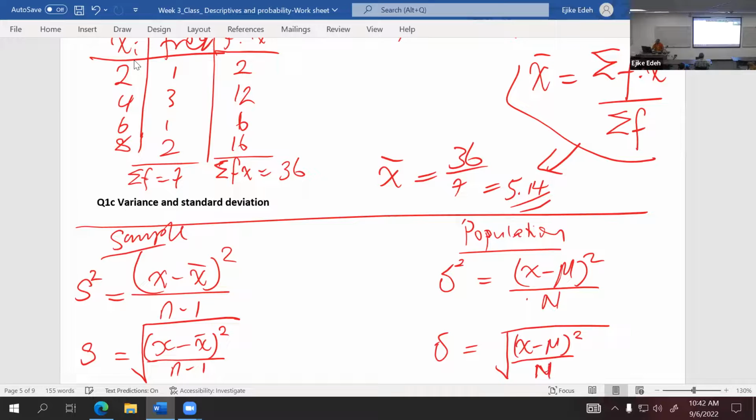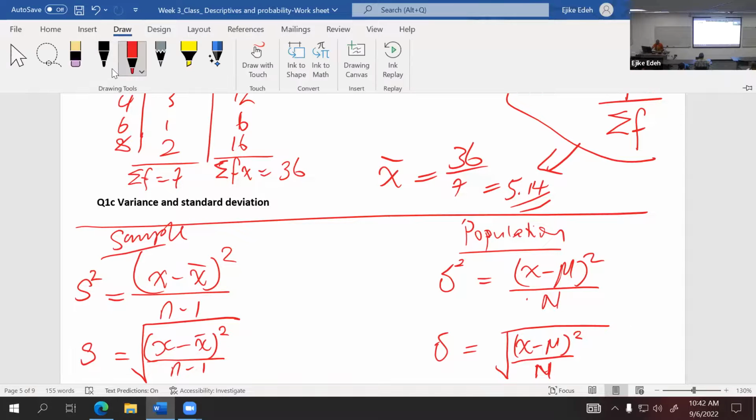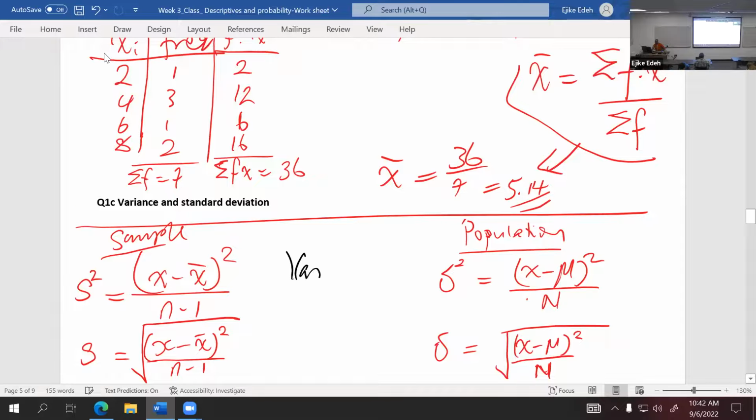So this is that situation where when you calculate the population and the sample results, you have different answers. Okay, so this is variance, and this is standard deviation.